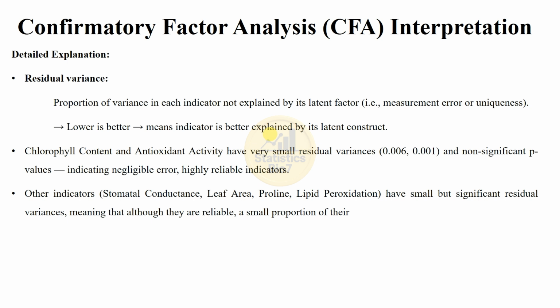Other indicators, stomatal conductance and leaf area, proline, and lipid production, have small but significant residual variations, meaning that although they are reliable, a small proportion of their variance is unexplained.